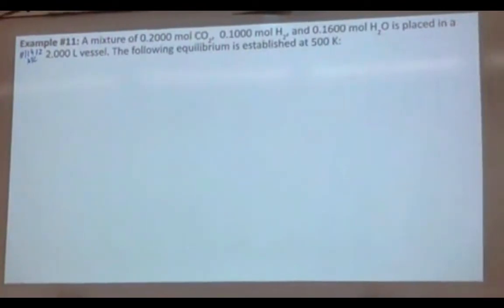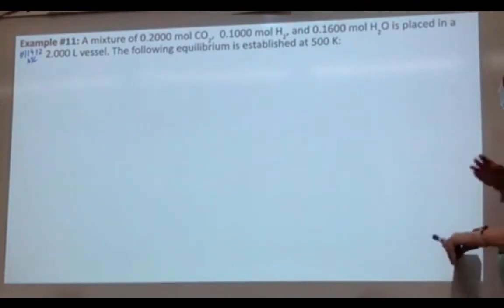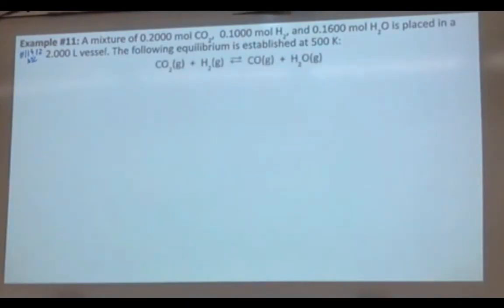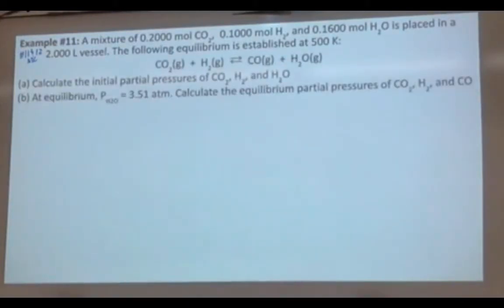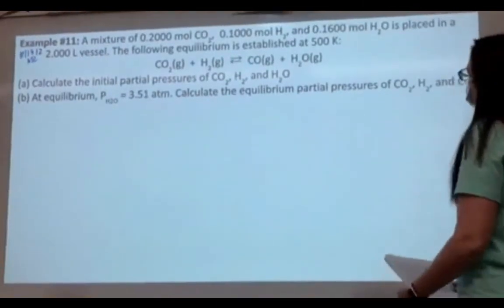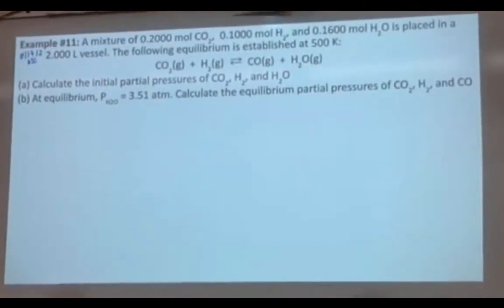So for this example, whenever you're looking at an example with equilibrium, we just want to make sure that we pay attention to: are the amounts that they give us initial? Are they at equilibrium? What might we need? So if we read this question, it says that a mixture of 0.2 moles of CO2, 0.1 moles of H2, and 0.16 moles of H2O is placed in a 2-liter vessel.